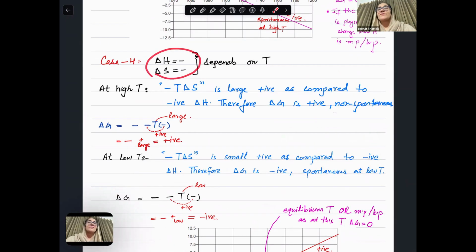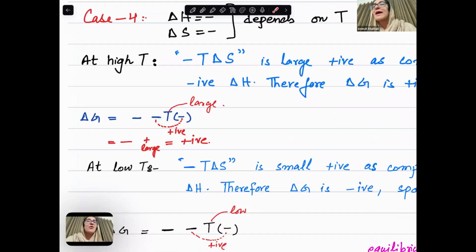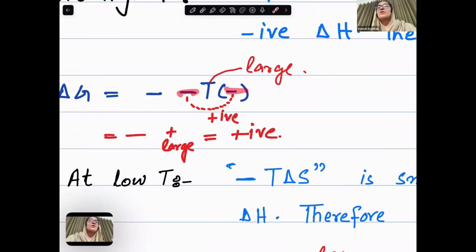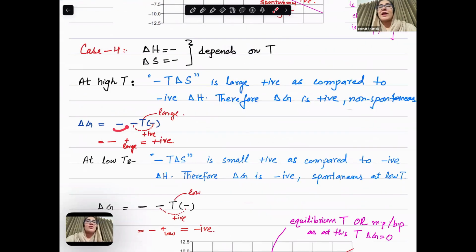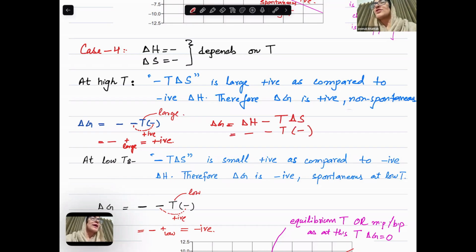Both are negative. If both are negative, look, delta G is equal to delta H minus T delta S. Delta G is equal to delta H minus T delta S. Negative, negative, minus into minus, plus.